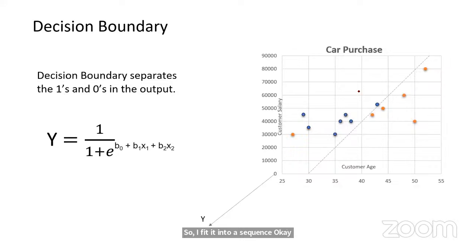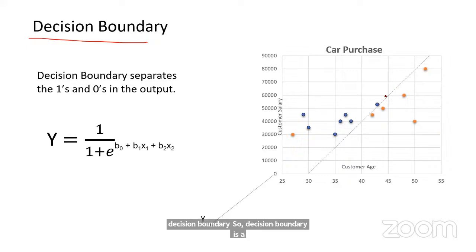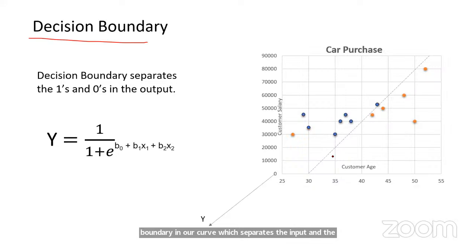Now in logistic regression, we have another term called decision boundary. The decision boundary is a boundary in our curve which separates the input and the output. In this case, this line can be the decision boundary. The points which are at this side of this line are buying the car. The points which are at this side of the line are not buying the car.